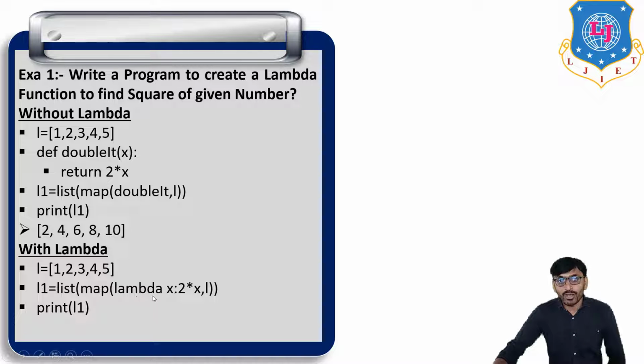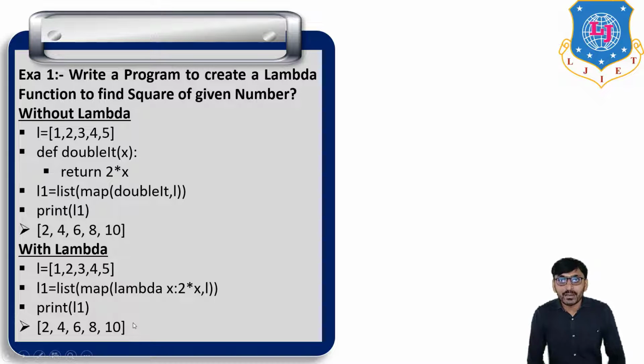So this is all about the lambda function, and the sequence is L. So apply the lambda function on every element of L. It means double every element of L. Then we get L1, and then print L1. So if we run this program, then the output is 2, 4, 6, 8, 10. This is with the lambda function.